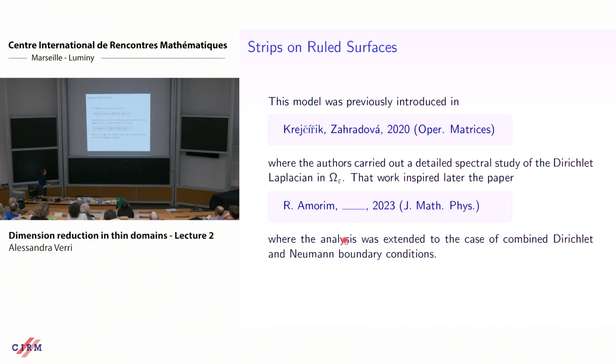In this paper, following the model of Krejčiřík and Zaradova, we consider the same model to study the Dirichlet-Neumann Laplacian. So I will start talking about this paper. I will define the regions as described in this article, and afterwards I will comment a little about this other model.